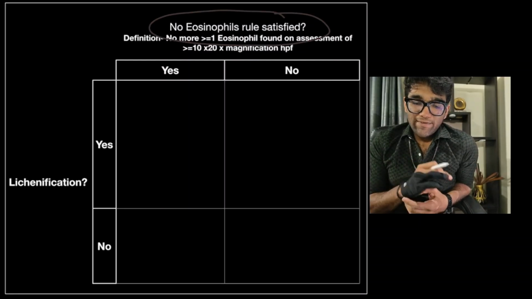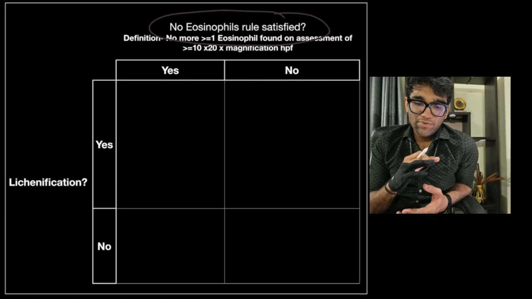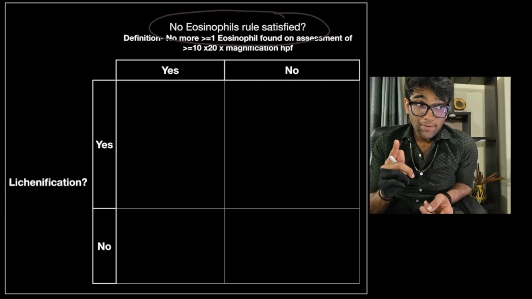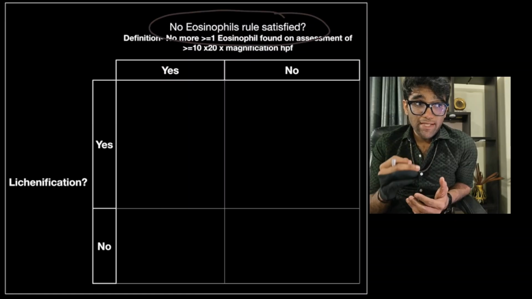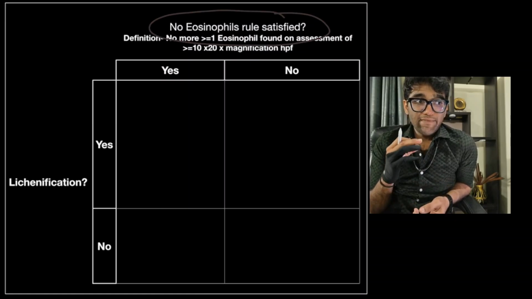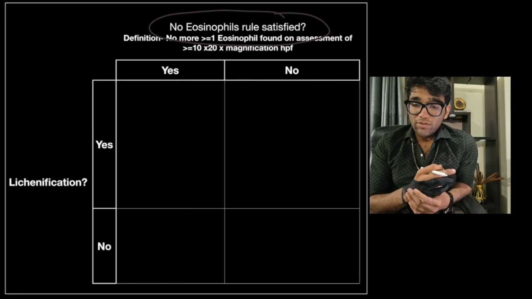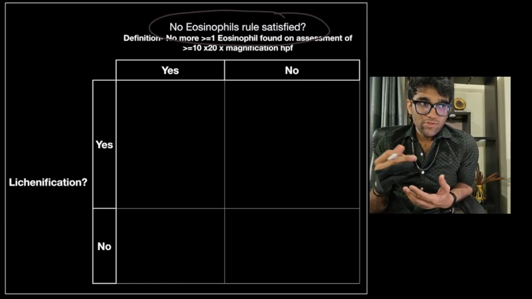Now lichenification, as I have already described, is a thickening of the epidermis. Such a thickening of the epidermis is the result of what? It is the result of premature basal epidermal cell differentiation, excess differentiation, and therefore resultant acanthosis or thickening of the skin.